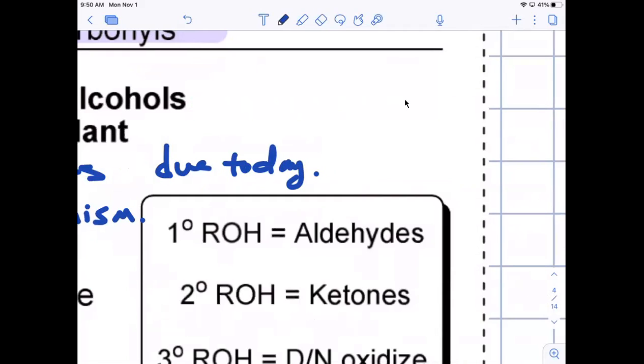So you got between now and midnight to find this reaction, which it really should take you 10 seconds to find. But find the reaction, look at the mechanism and how it happens. And I want you to turn it in today. You can just take a screenshot of it or print it as a PDF and upload it to Blackboard.